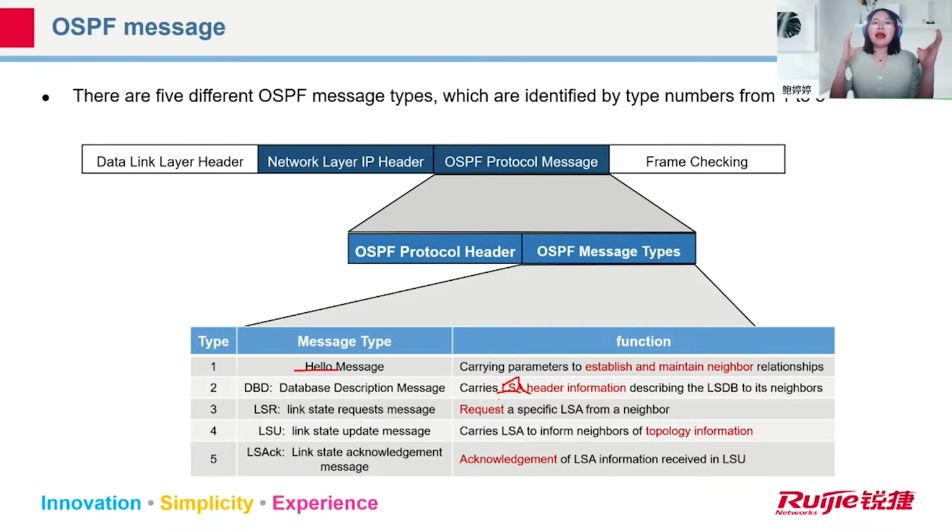After we find the relationship and exchange parameters, the first packet is a DBD. I will tell you what routing information I have in my network, and you can also send yours to me, and we can compare. If I find something you have but I don't, I will ask you to please send me the detail. To make the request, I use a new packet called LSR, the link state request message.